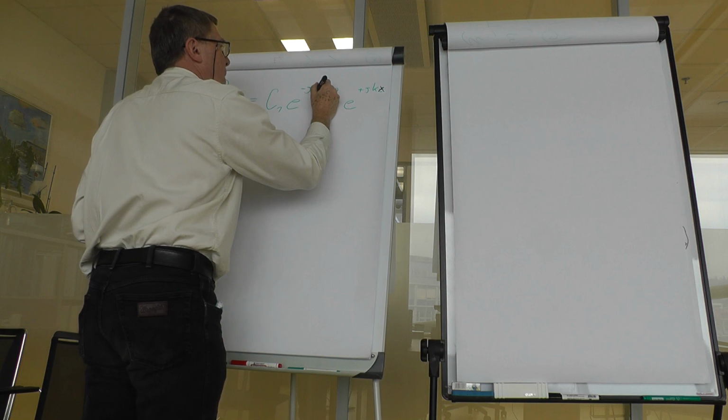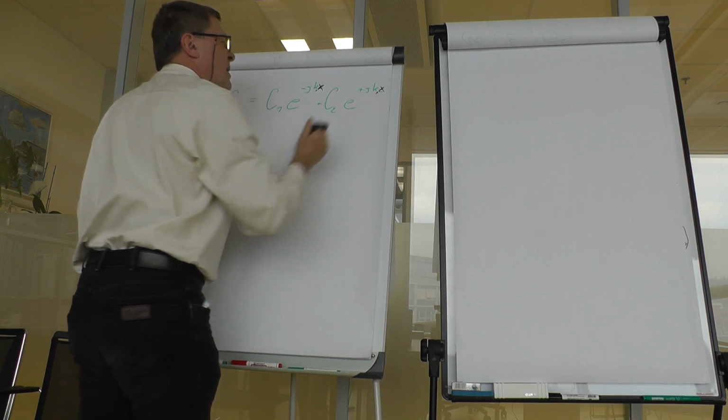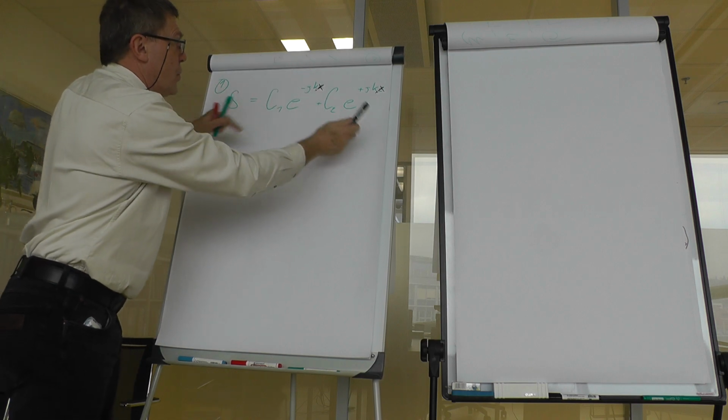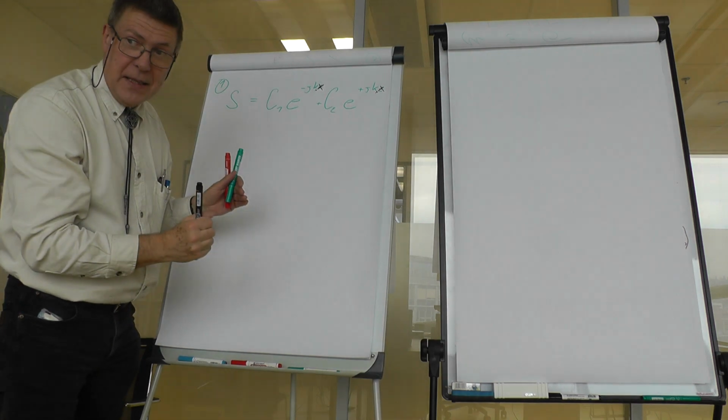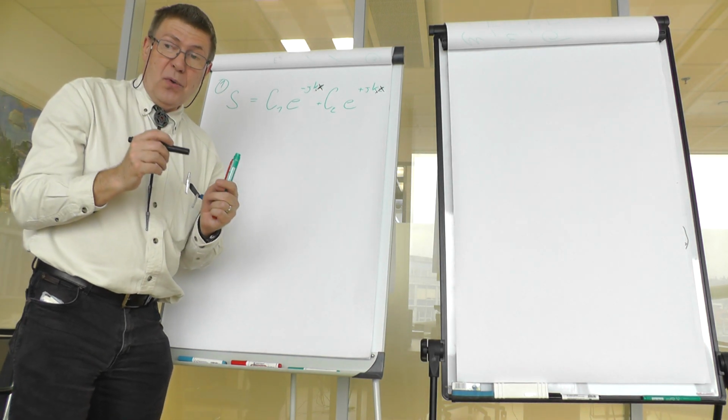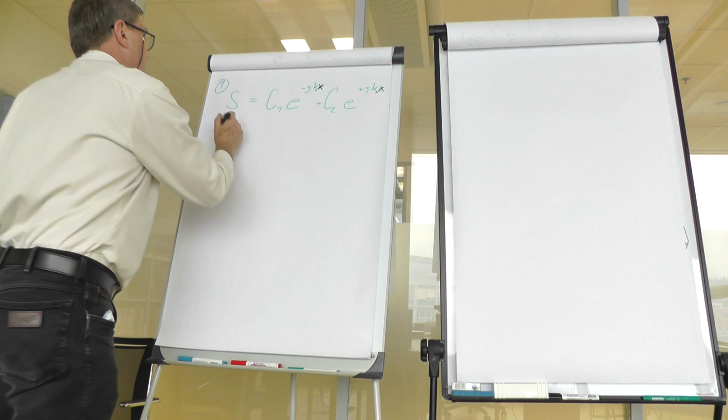And this k should be kx because this is in the direction of x. So this is the first way to describe the solution, and C1 and C2 are constants depending on boundary conditions.